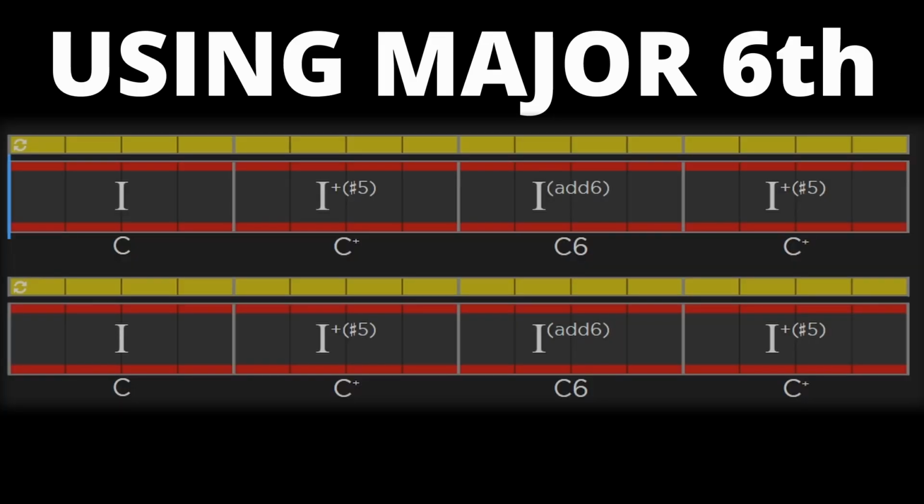We can also use different chord types to achieve this same effect. In this example, we never move from the 1 chord. We use the augmented chord again, and this time introduce the major 6th chord.